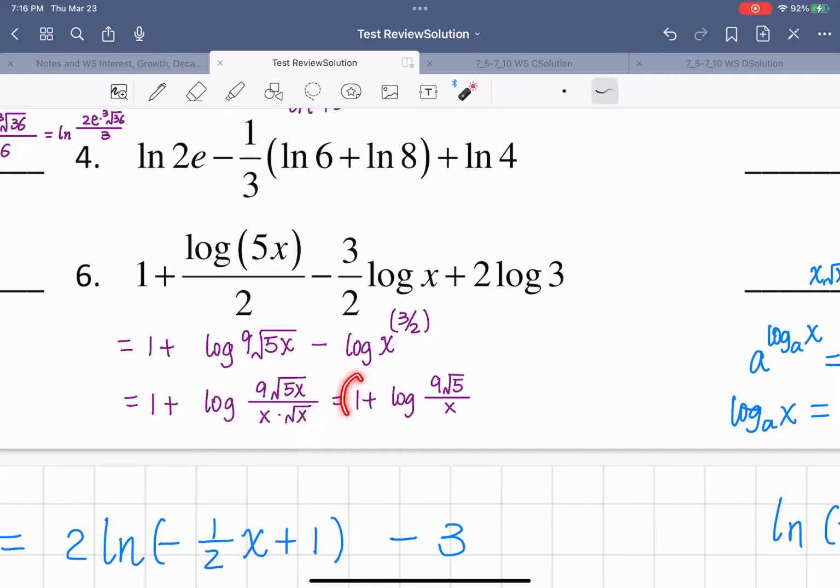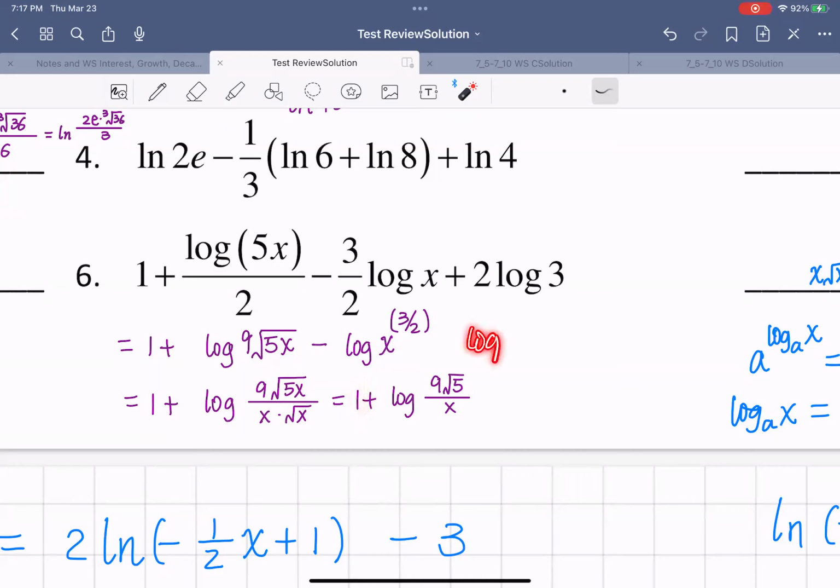Some people come here feel confused. How do I do this? What do you think? You can make it log of a number, like 1 is log of a number to the same number.